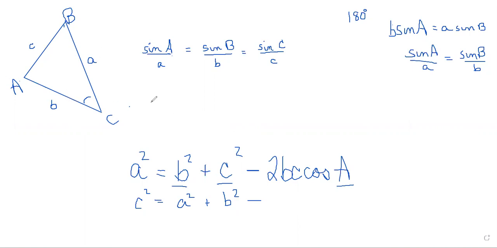So if you ever have a side, an angle in between, and then another side, you don't have any opposite pairs. You need to use the law of cosines, because that's where you can work with side, angle, side, the sandwich. I call it the sandwich.